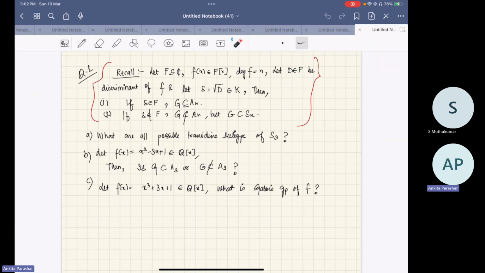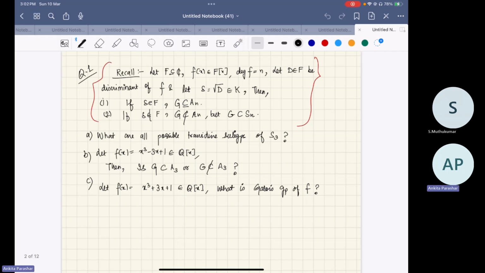So D is the discriminant of f, and delta equal to root D is in K. Then if delta is in F, then G is contained in A_n, and if delta is not in F, then G is not contained in A_n. So that means it depends whether delta is a square or not in the base field.